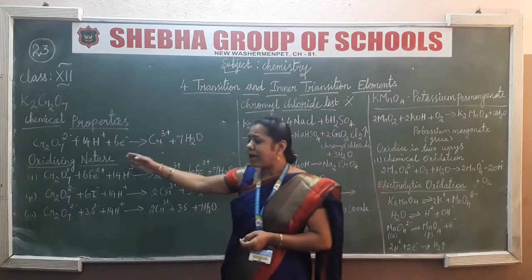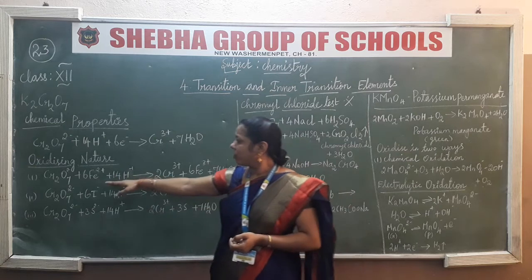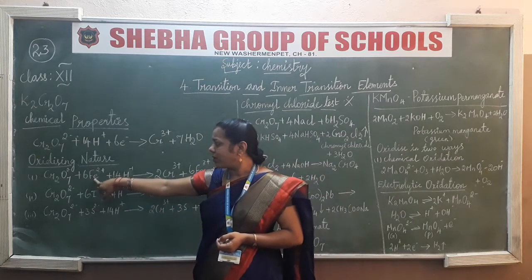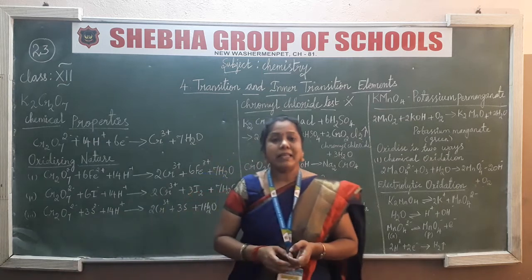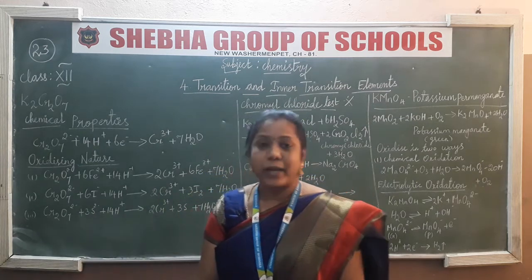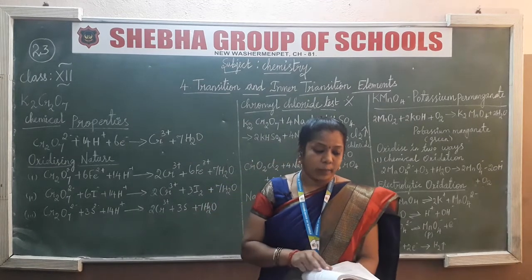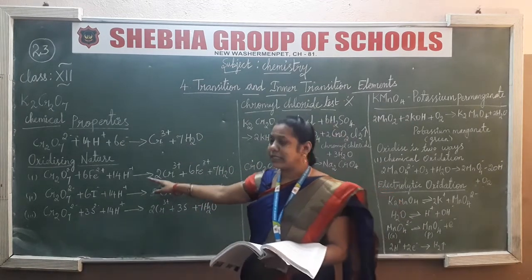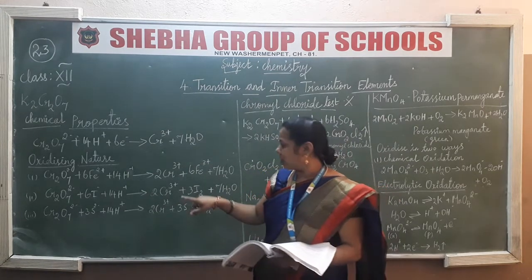Then I am going to explain the other oxidizing nature. For that, the first things are iron, iodine and sulfur, to establish the oxidizing nature of potassium dichromate. In the first equation, the ferrous salt is converted into ferric salt.